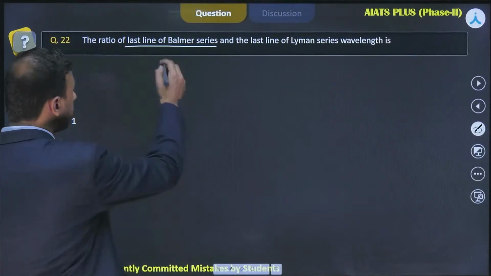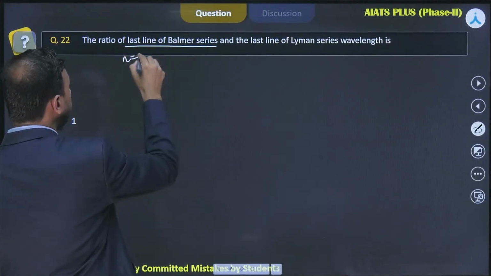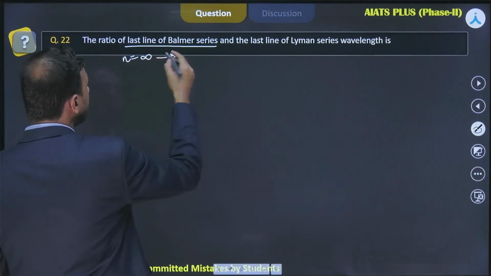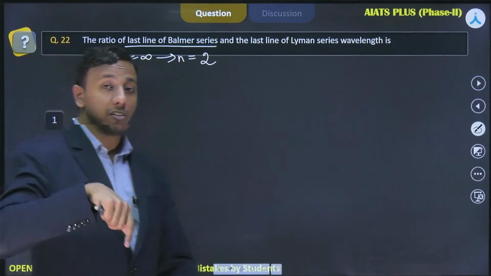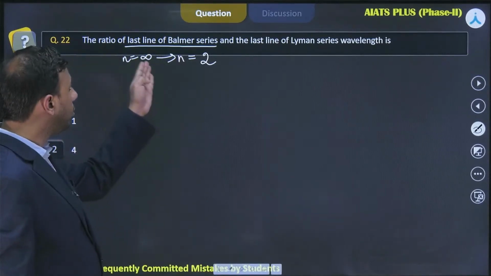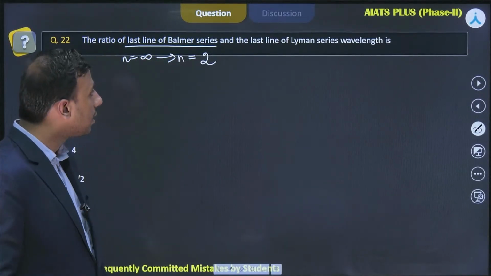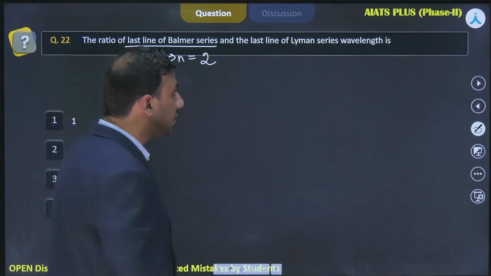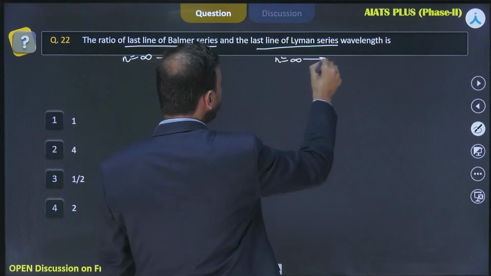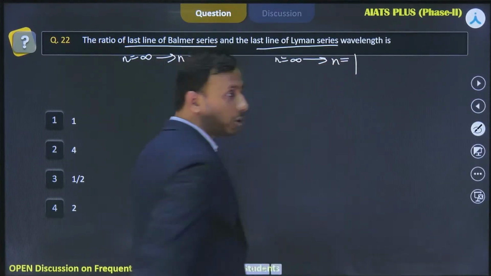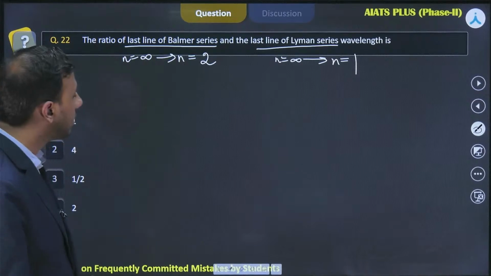So the last line of the Balmer series means it is jumping from, let's say, n equal to infinity to n equal to 2. What would have been the first line of the Balmer series? It would have been n equal to 3 to n equal to 2. And similarly, the last line of the Lyman series would be what? Again the same, n equal to infinity to n equal to 1.